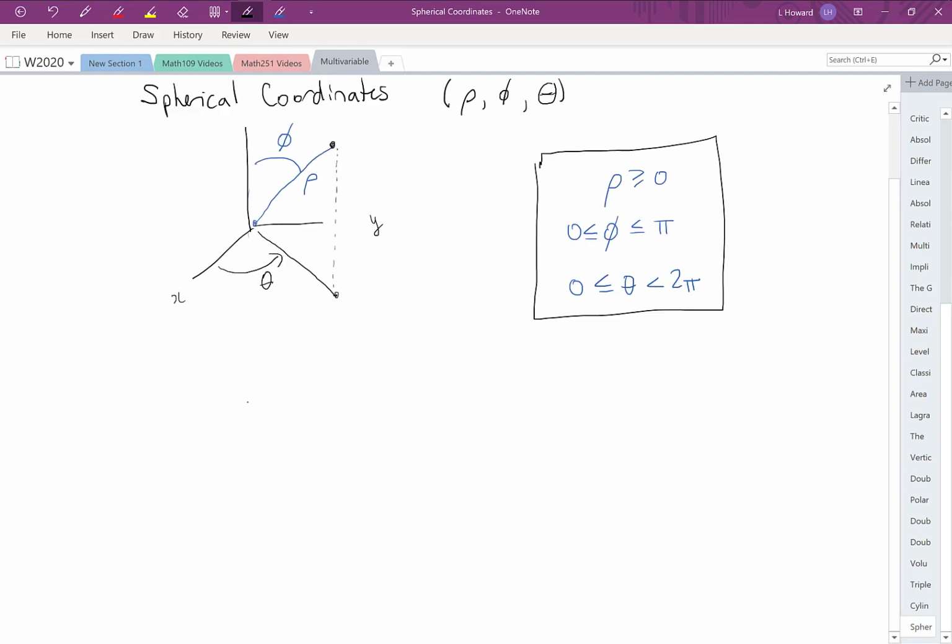So let's talk about some of the geometric relationships between our variables in case we need to convert between different coordinate systems. One triangle that's super helpful when we're working in spherical coordinates is the following right triangle. I'm going to draw rho along the hypotenuse. That represents our distance in 3D. This vertical side length, let's call it z.